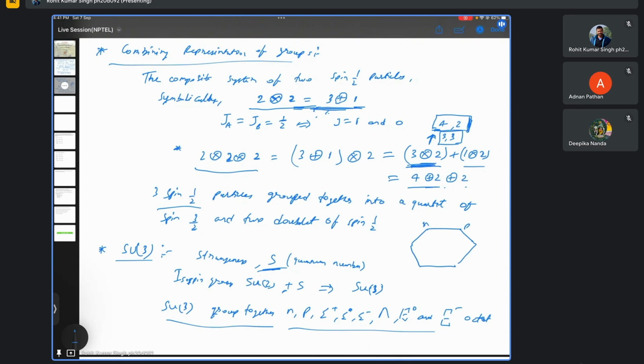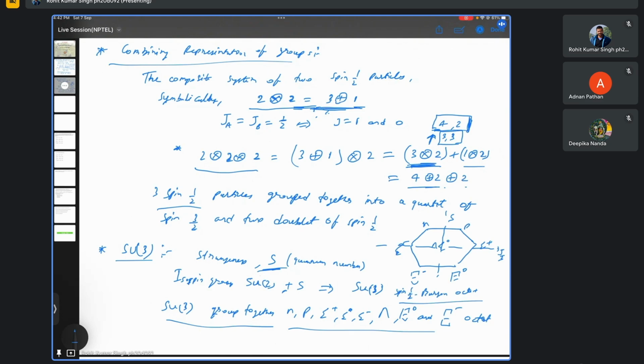So here the neutron proton lies there, sigma 0, lambda is also here, sigma plus, and then cascade minus, cascade 0, right? This is the isospin axis I3, and this is the strangeness. This we call baryon octet. So, spin half baryon octet, this is called.